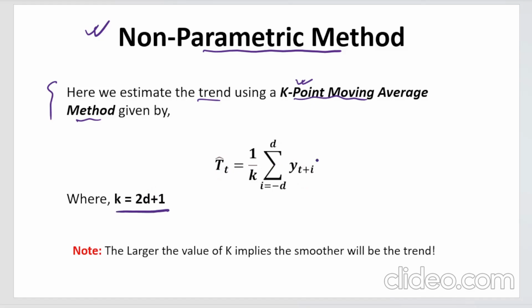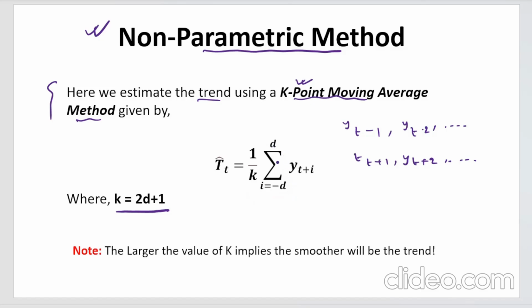So here, you have the available data yt, and if you have the lag values of yt, such as yt minus 1, yt minus 2, and so on, and also yt plus 1, yt plus 2, and you take the average of these values over some time points, with i from minus d to plus d, this is the moving average.